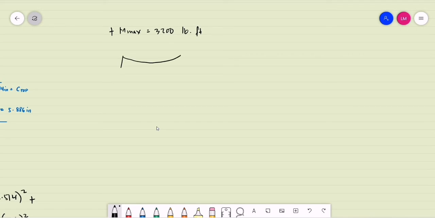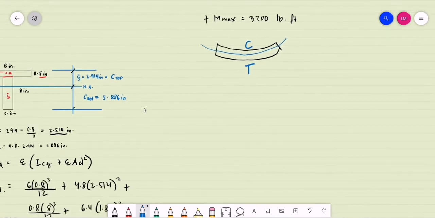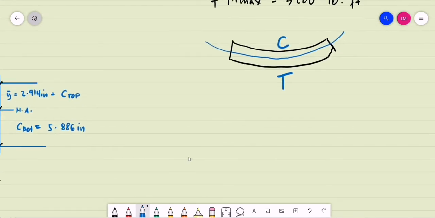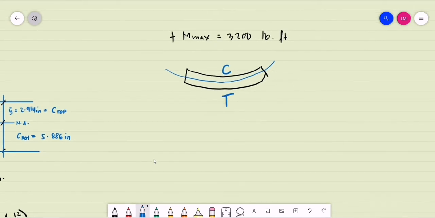The beam is bent downwards. So if it is bent downwards, the stress above the neutral axis is under compression and the stress below the neutral axis is under tension. So we are to consider two values of c, the c from the top and the c from the bottom of the beam. Let us first compute the compressive stress.